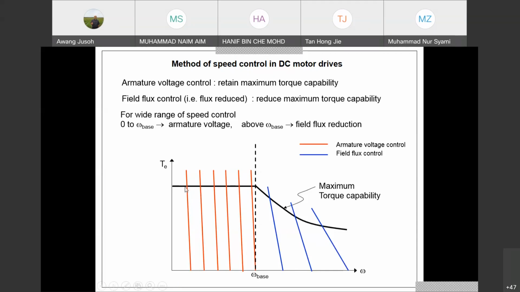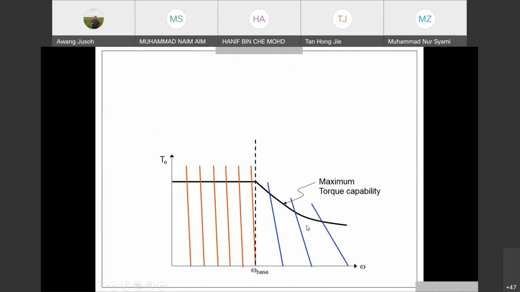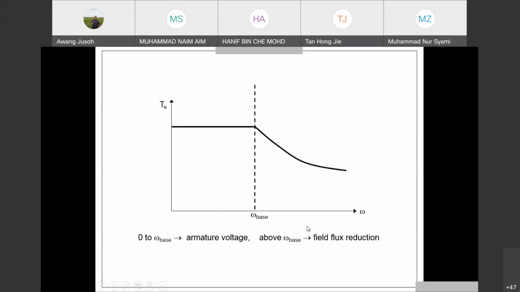They just use voltage control up to base speed, and after that they use flux reduction to get more speed. Okay. So this region, from 0 to base speed, normally in the control system, they call it the constant torque region. In this constant torque region, the power is increasing.